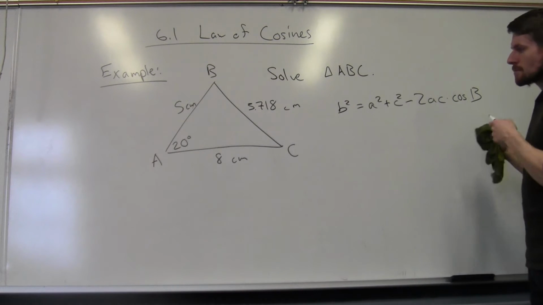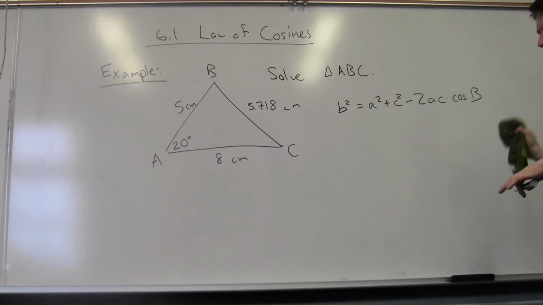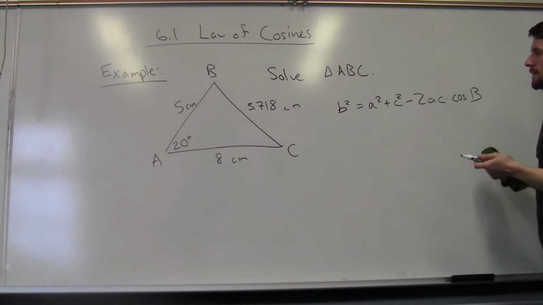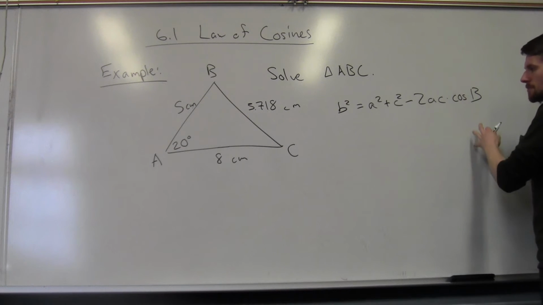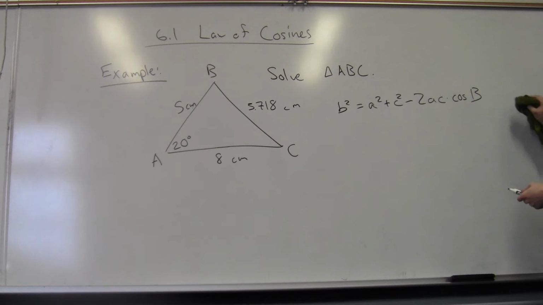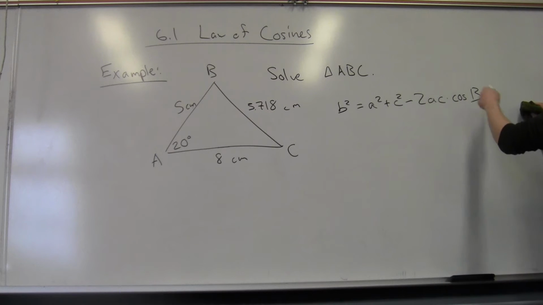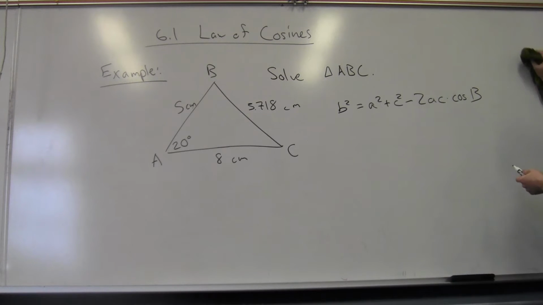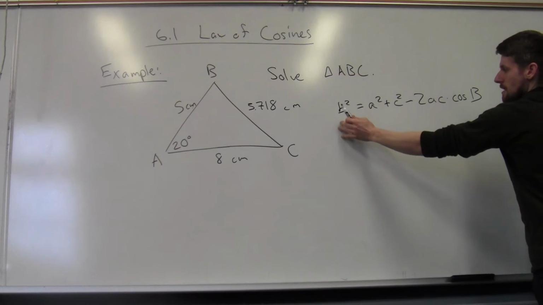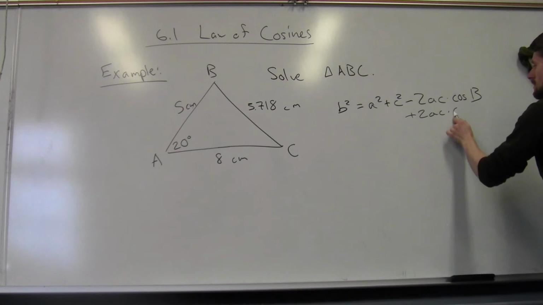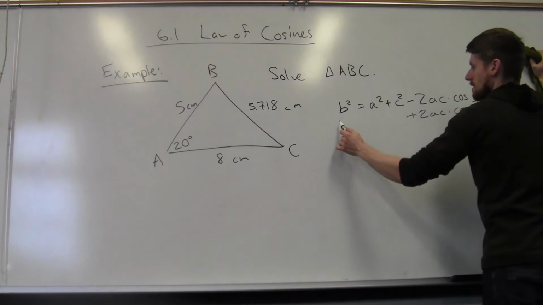So I could right here plug in all the numbers I know, but I'm going to first get cosine b by itself, then plug all the numbers in. Solving this algebraically for cosine b means I need to undo everything being done to cosine b. A tricky maneuver first is to move this 2ac cosine b over here and move the b squared over there as a first step.